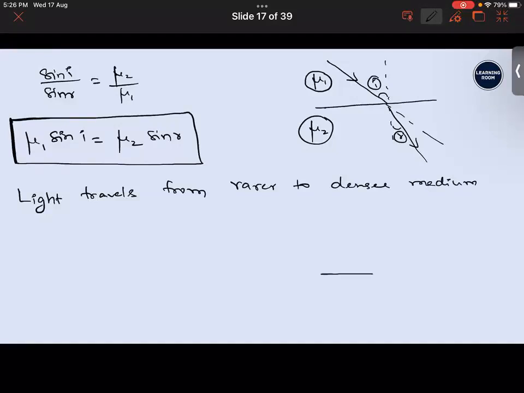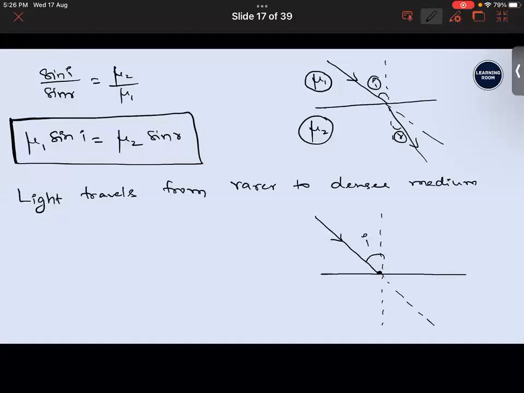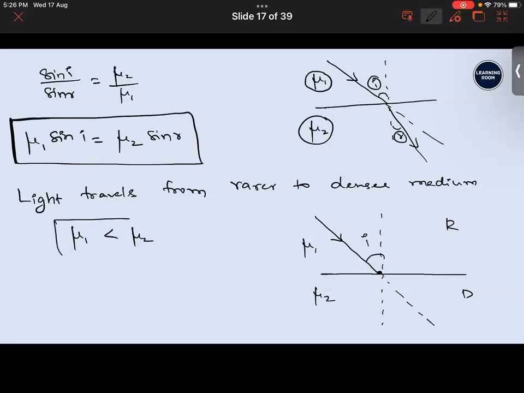For that, if you take a light ray like this, at the point, if I draw a normal, this is going to be the angle of incidence. If this is the actual path, observe, this is mu1, mu2, and this is rarer and this is denser. What is the relation between mu1 and mu2 for rarer and denser medium? Mu1 is less than mu2, right?